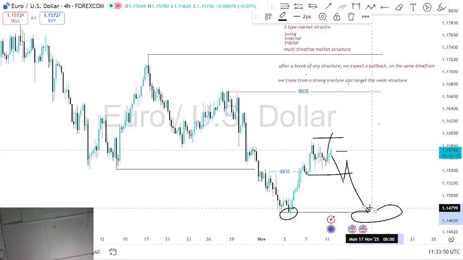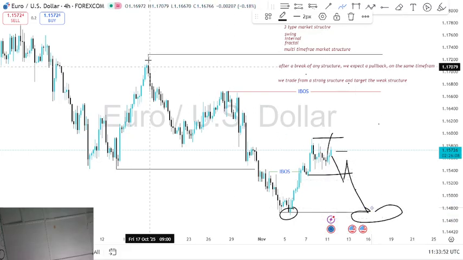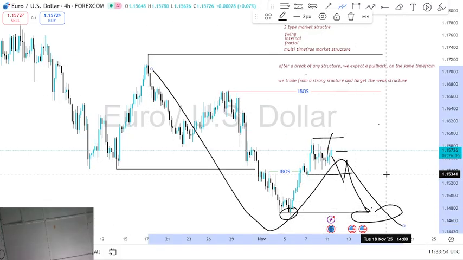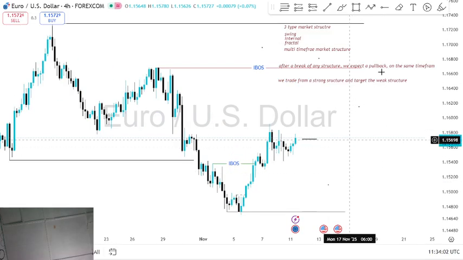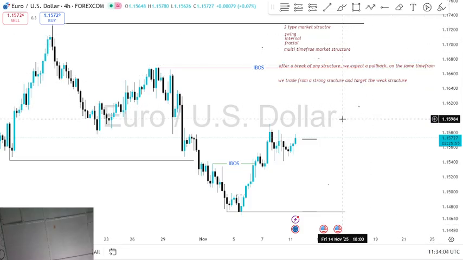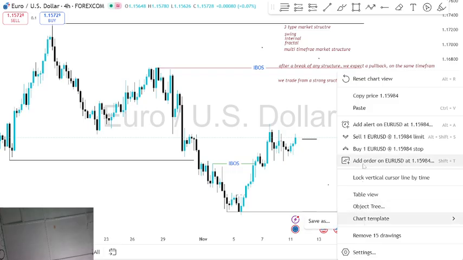We are continuing the internal structure. We are continuing the swing structure. So that is three type structure. I will give you some time to think about what I've said here.